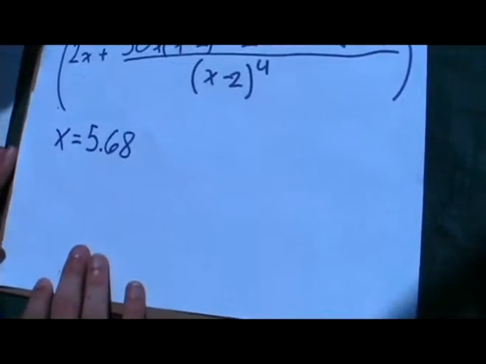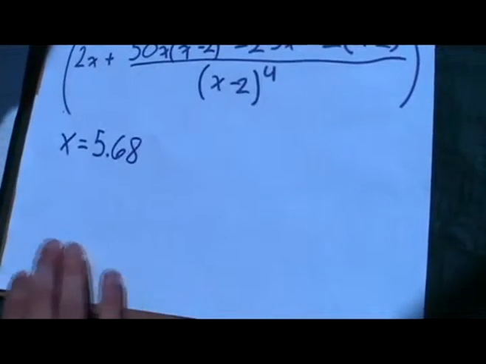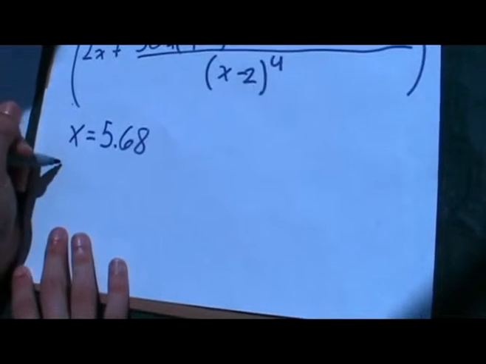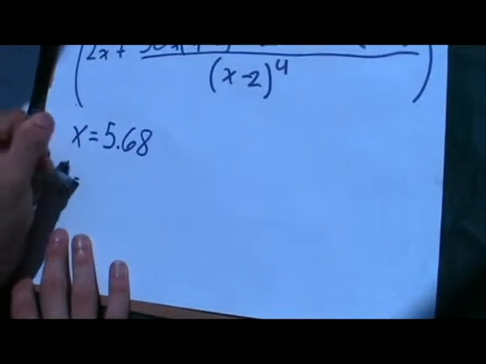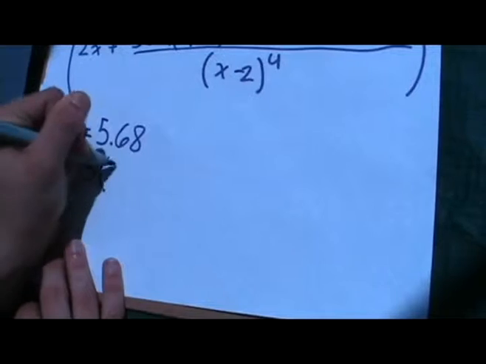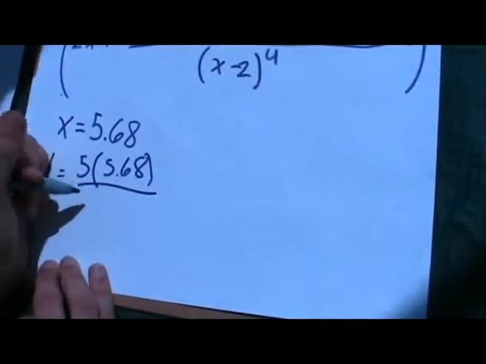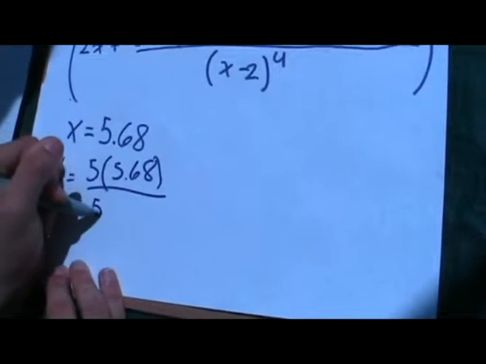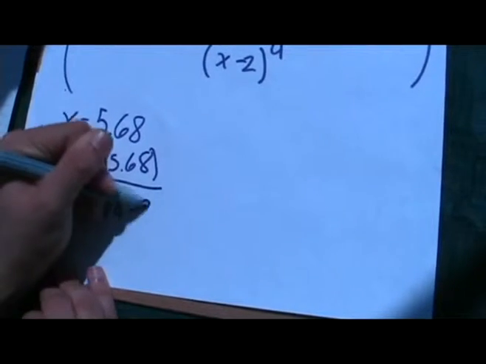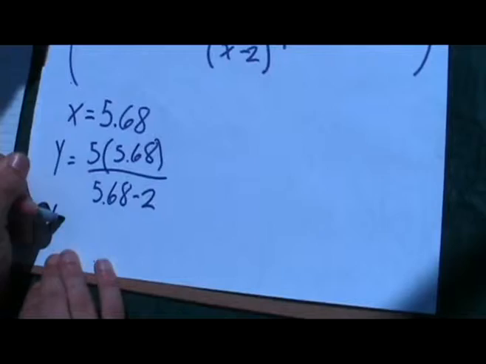Let's use one of our original equations to figure out y. We know y equals 5 times x, which is 5.68, all over x, 5.68, minus 2.